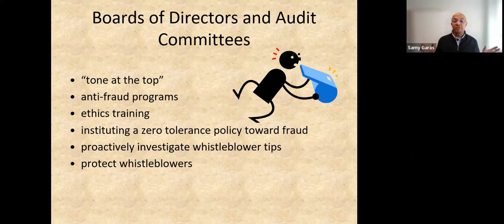Number two, the board of directors should embrace anti-fraud programs, and they should maintain training for the management and the employees. So there should be a regular training happening to the management and the employees to make sure that they are aware of the rules and regulations, and hopefully this will prevent them from committing fraud.